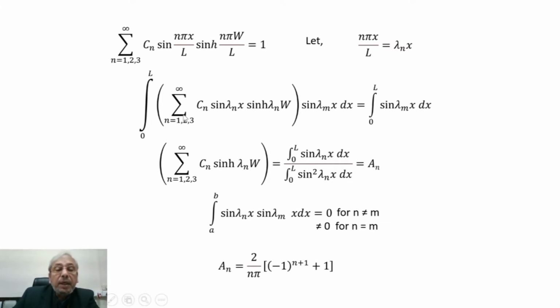So from here we can write summation n equal to 1, 2, 3 up to infinity, Cn sine hyperbolic lambda n w, this part equal to integral 0 to L sine lambda n x dx divided by integral 0 to L sine square lambda n x dx.